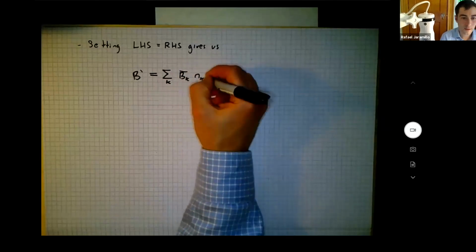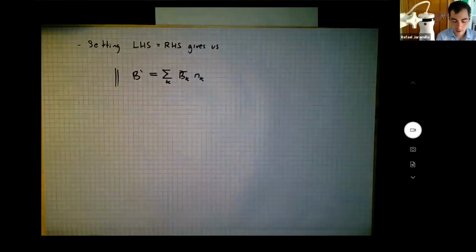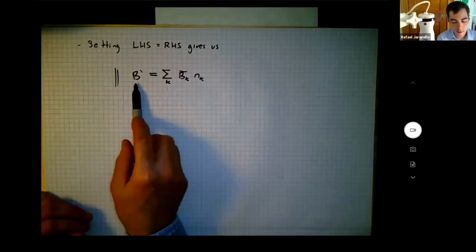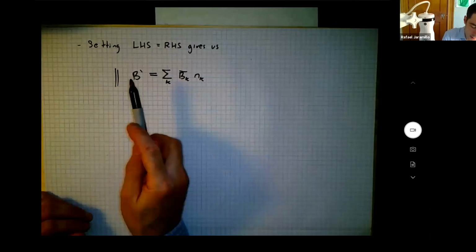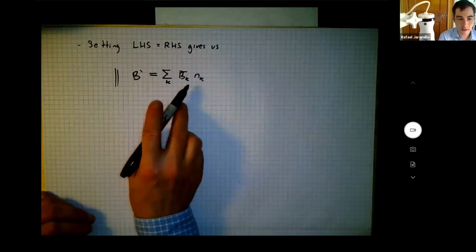Okay, again, this is exactly what we were doing with circles and triangles. The total extensive quantity for a system is the sum of the partial molar properties times the mole numbers.